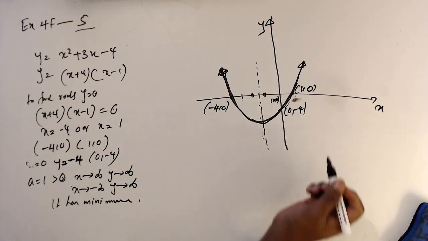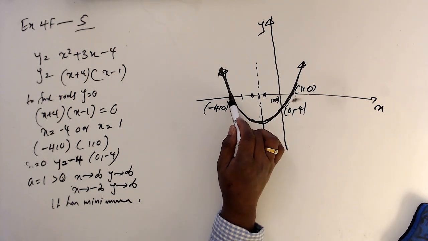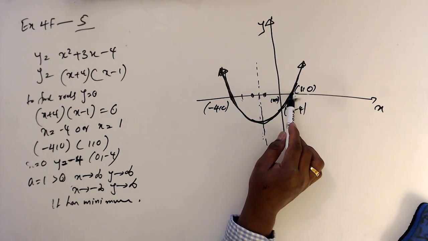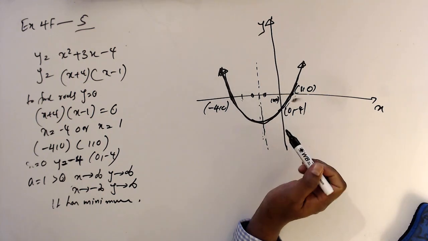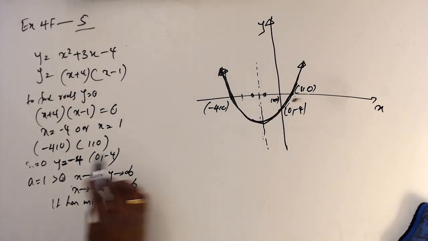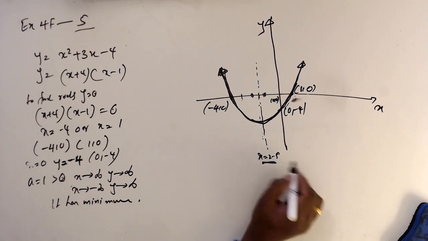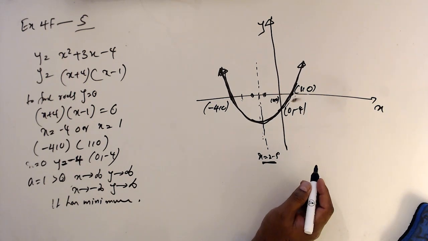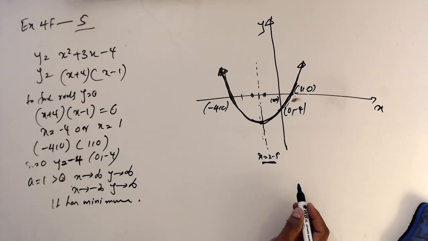I draw the graph. So this is (minus 4, 0), this point. This is (1, 0) and this is (0, minus 4), and this is the gap between 4 and 5. This should be x equals minus 1.5 basically. Now this is the graph.